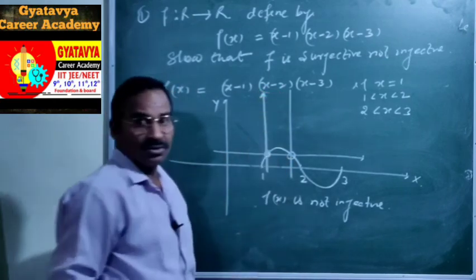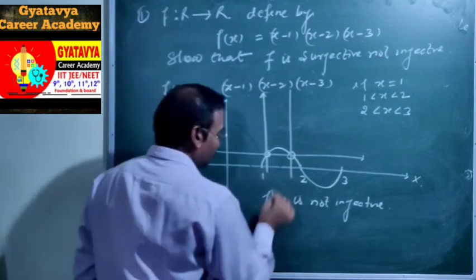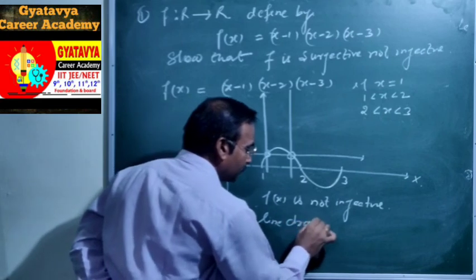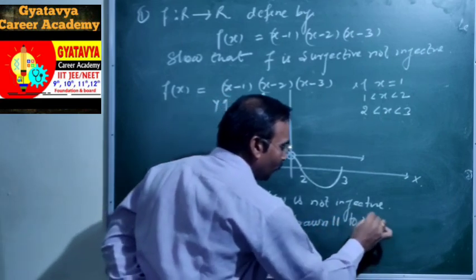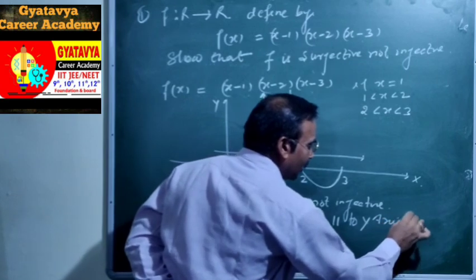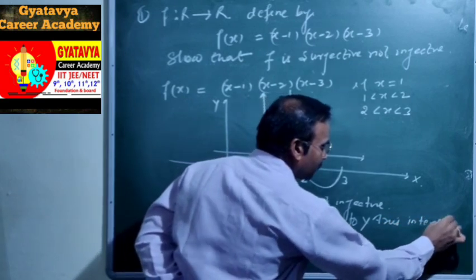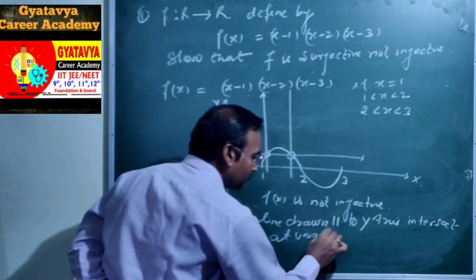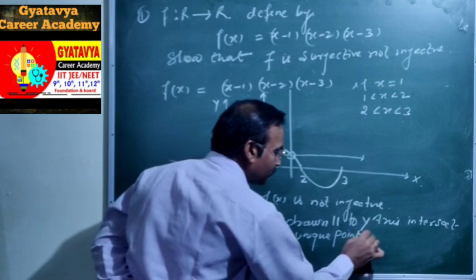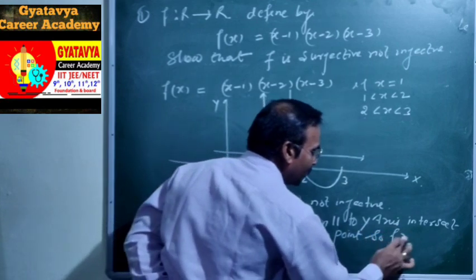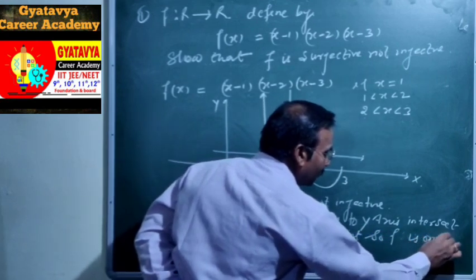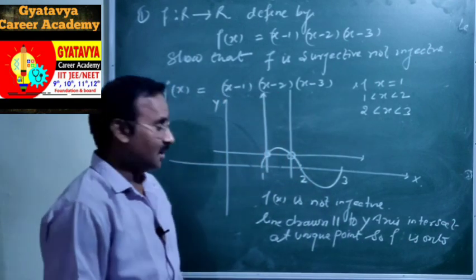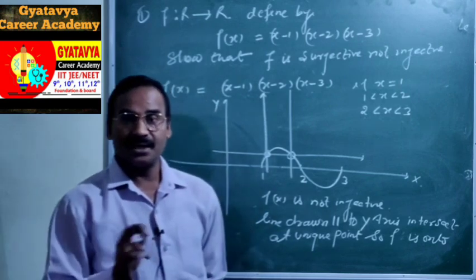So the line drawn parallel to the y-axis intersects at a unique point. So f is onto, meaning surjective. So the given function is surjective but not injective.